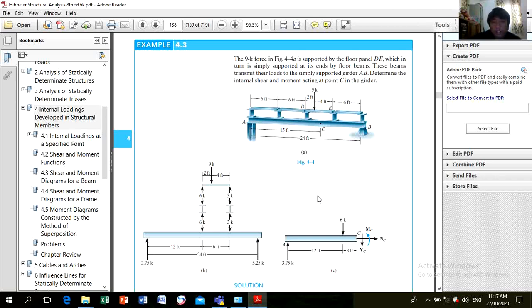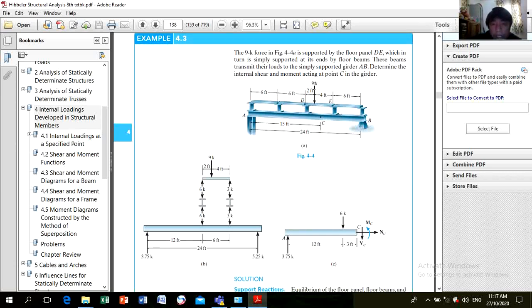Determine the internal shear and moment acting at point C in the girder. So here, you have a 9-kip force that acts on the floor panel DE, supported by the girder AB.